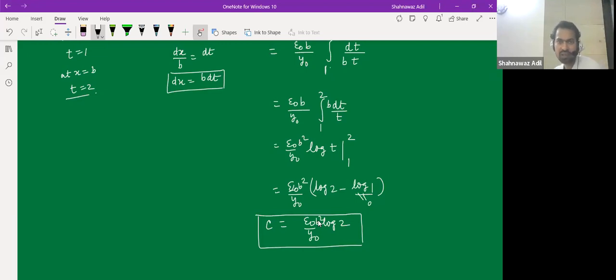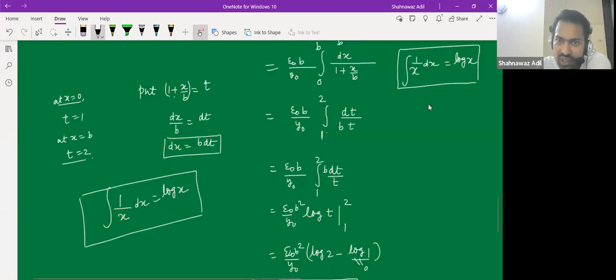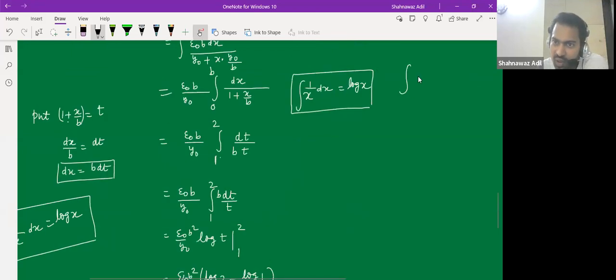Any doubt? If you guys have any doubt, please ask. Sir, can you explain the t part, where you took t? What I know is the integral of 1 by x dx, which is log x. I have this complicated integral, 1 over 1 plus x by b.